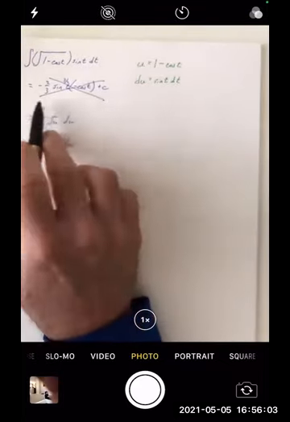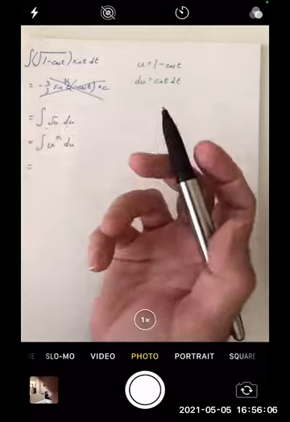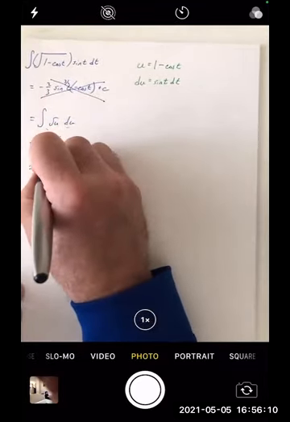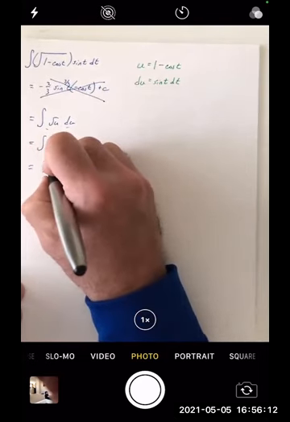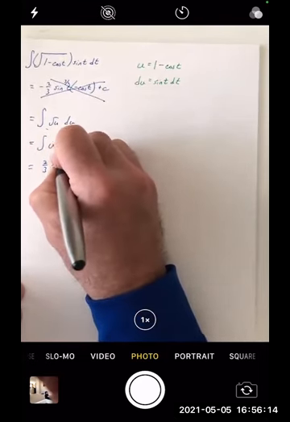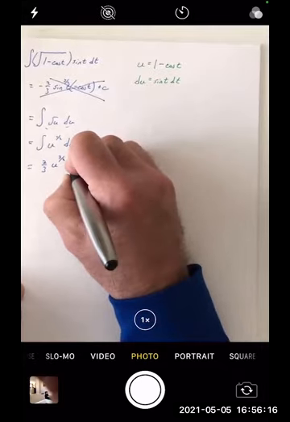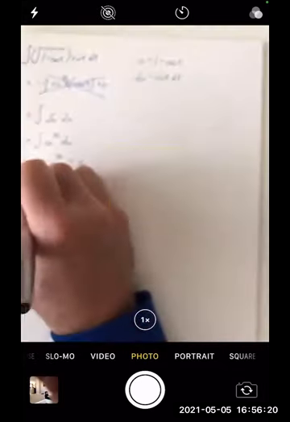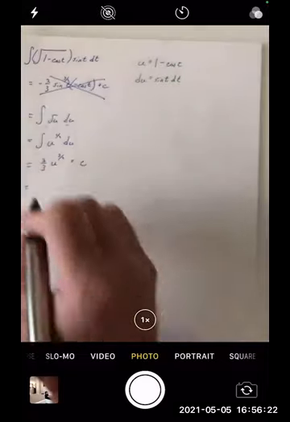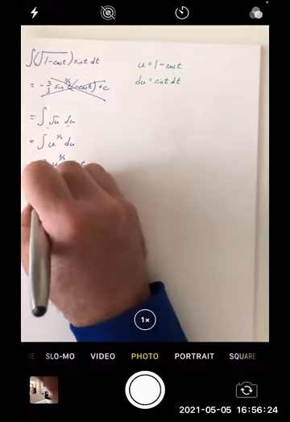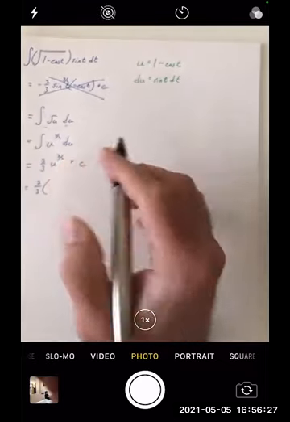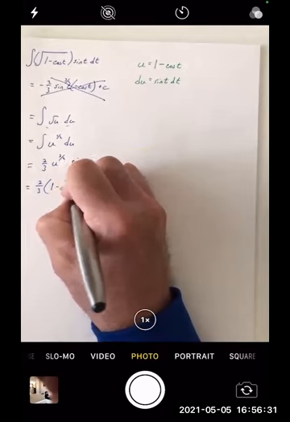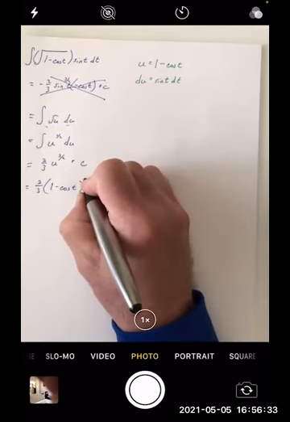So that first answer we had, there were elements of it that were correct, like the 2/3 and the exponent of 3 halves. Those were great. We just had some extra pieces in there that threw it off a little bit. Okay, and then just switch it back in terms of t.